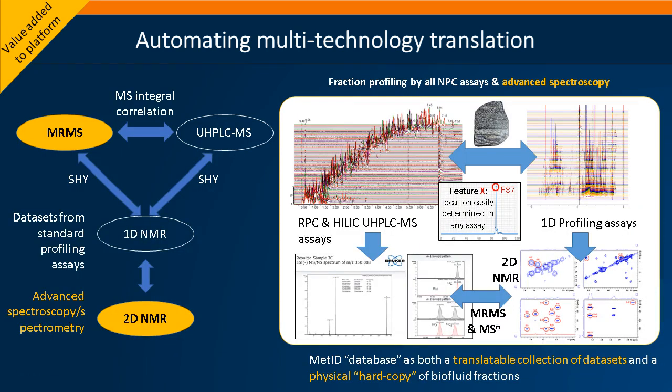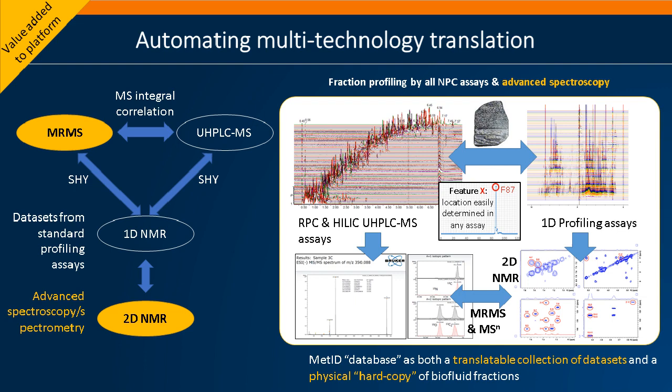Okay, so putting it all together, when we have an unknown from our UHPLC-MS platform, just by looking at the mass-to-charge ratio, we can often translate into MRMS, pulling out what we know from that technology, which would be molecular formula. Using statistical heterospectroscopy, or SHY, we can translate from either MS platform into NMR.